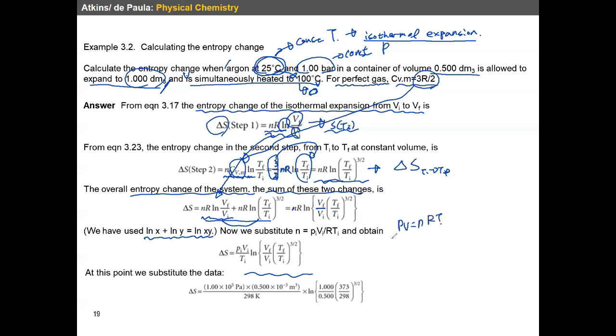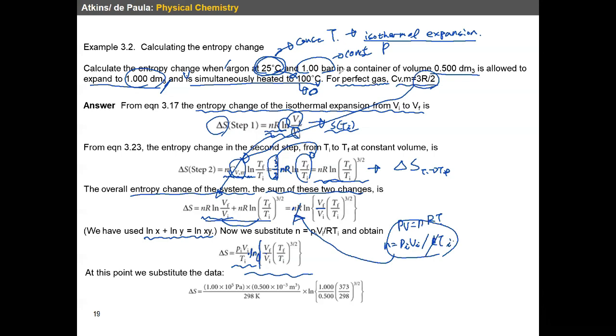So that's why n equals PiVi over RTi. We put this here, then R will be removed, and finally we have PiVi over Ti times ln Vi over Vf and Ti over Tf to the power 3/2.